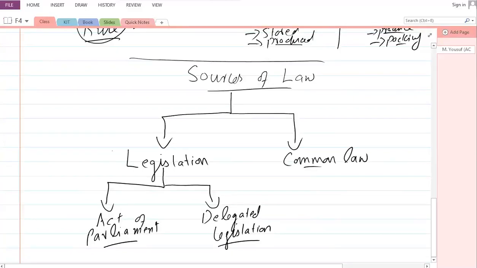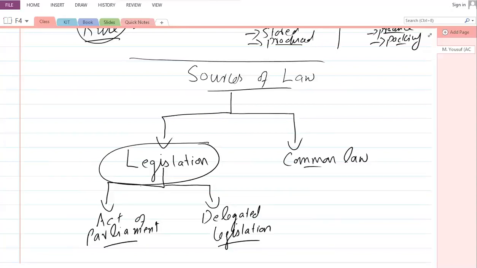So what is legislation? Legislation is act of parliament and delegated legislation. Both of these elements are considered as legislation.